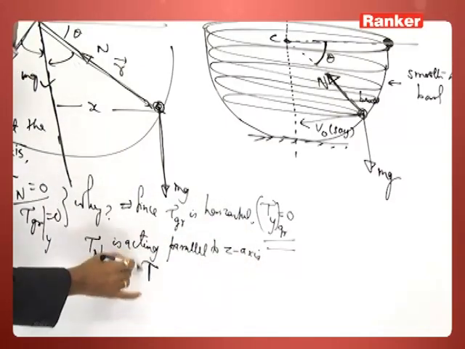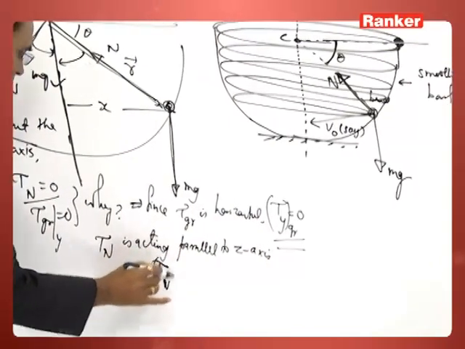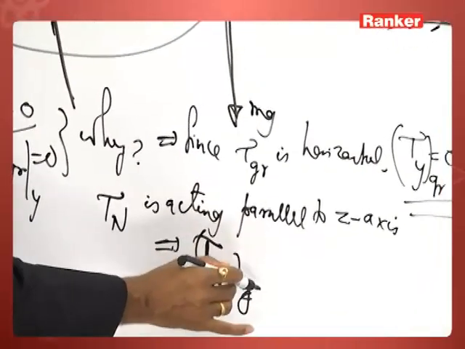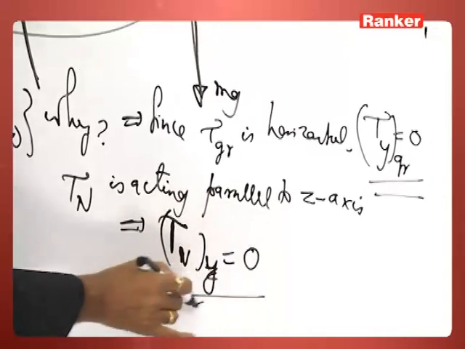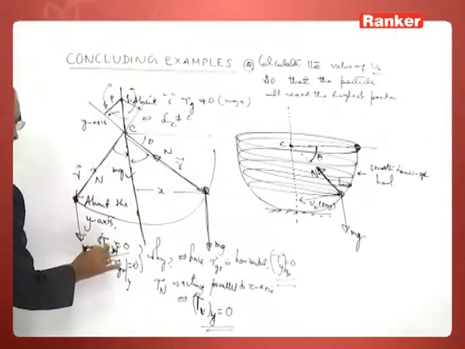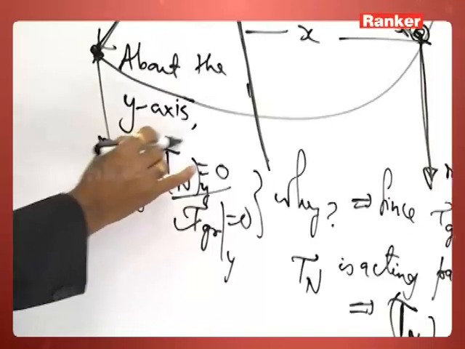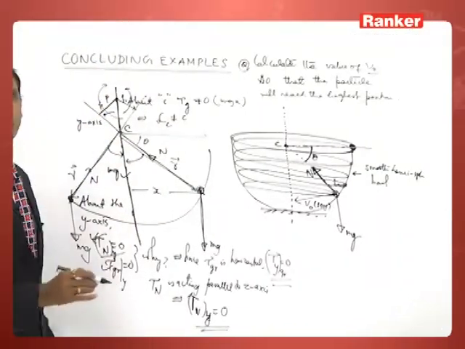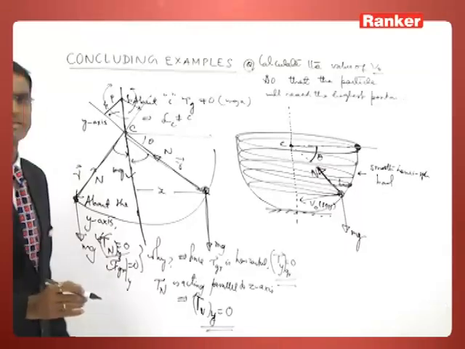Therefore, the torque produced by the normal reaction along the y direction is 0. So, both gravity and normal reaction have 0 torque about the y axis, about the vertical axis.